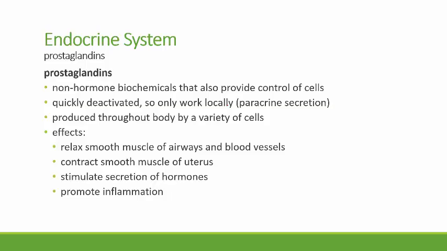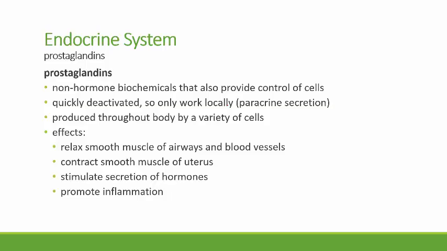So they are a paracrine secretion. And we've talked about prostaglandins already, about how those that are part of semen, for instance, can help to trigger smooth muscle contractions in the female reproductive system. So what are some effects of prostaglandins?